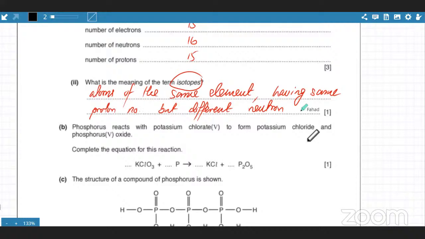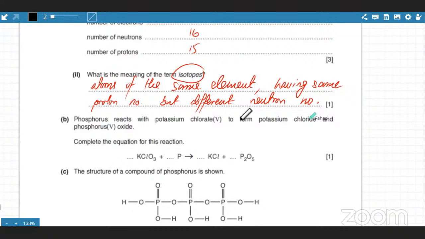In the next equation, you're being asked, phosphorus reacts with potassium chlorate to form potassium chloride, and you have to complete the equation for the reaction. The equation is actually completed. You just need to balance this equation. There are 5 oxygens over here, and a total of 3 oxygens over there. That is the tricky part.